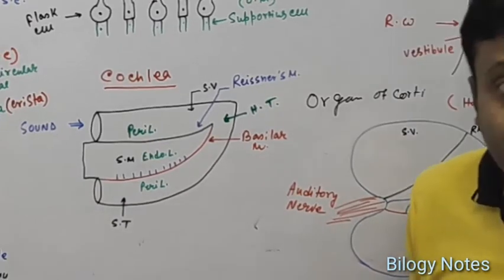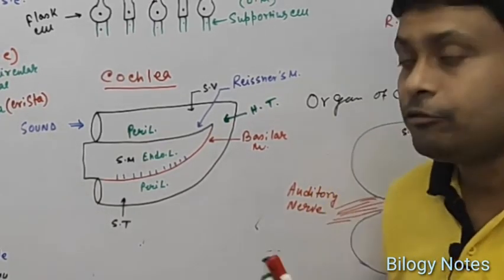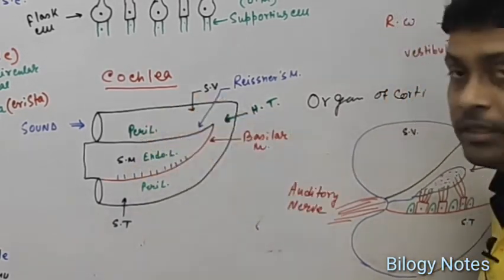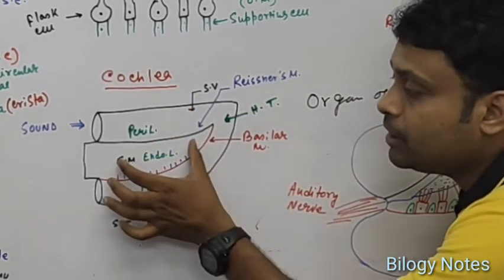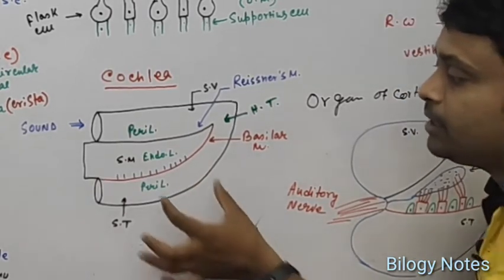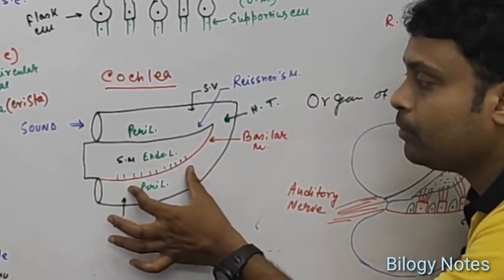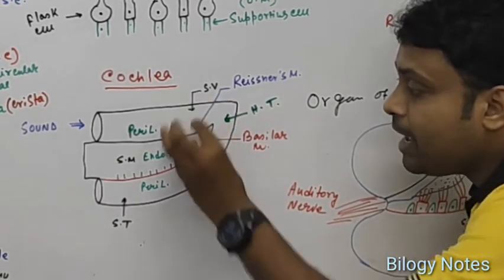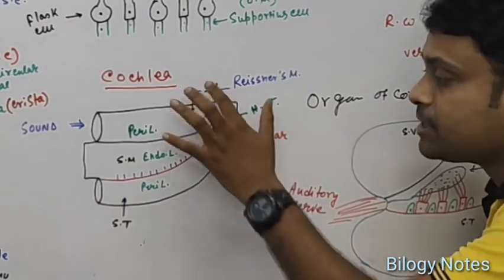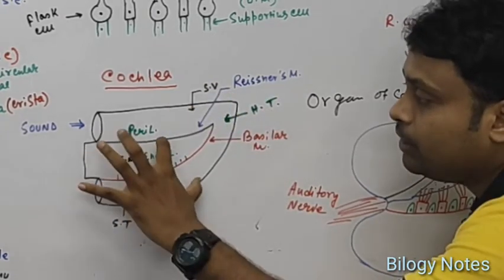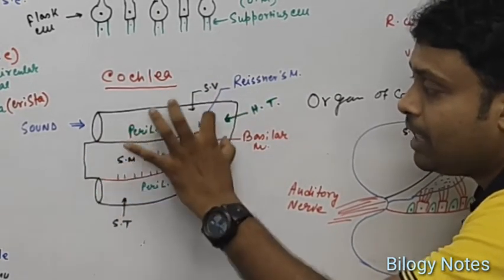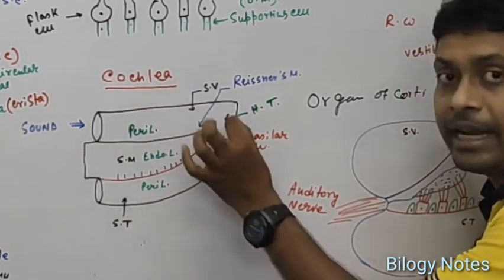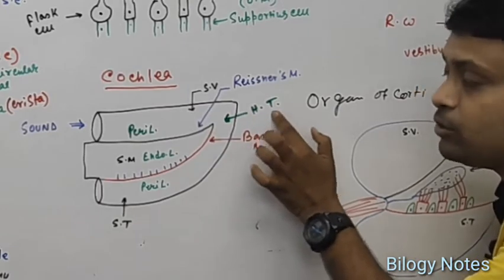Okay, but these chambers are filled with fluid. So the scala vestibuli is filled with perilymph, the scala media is filled with endolymph, and the scala tympani is filled with perilymph. Okay, and you can see that the upper and the lower chambers, that is the scala vestibuli and the scala tympani, are continuous anteriorly. Okay, and the perilymph is also connected in this region, which is known as the helicotrema.